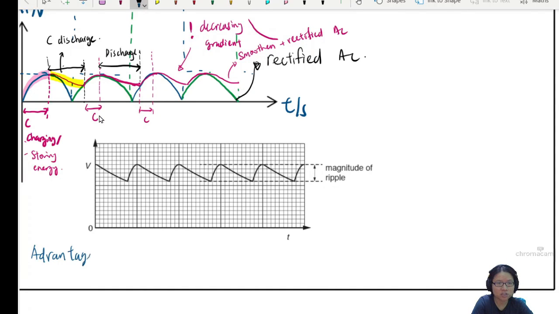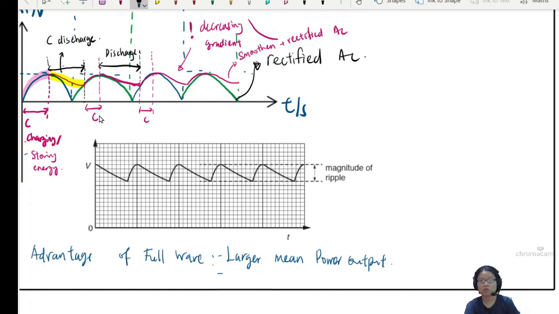The advantage of full wave rectification, you have a larger mean power output. That will be the obvious one. Okay, then you can say because you are using the whole wave, not half of it, and then when you add capacitor, you create an even larger mean power output because the capacitor helps the circuit store energy.